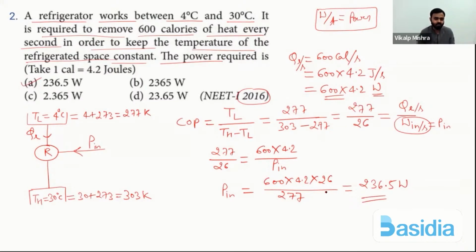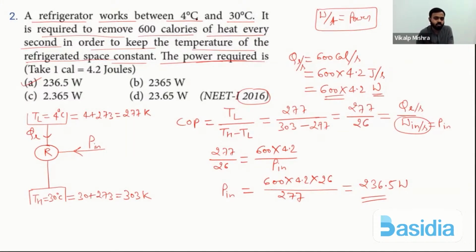Did you understand the method, the process, how we found it? All of you understood the process, how to find the COP, how to find this power required. We have two formulas of COP. One is TL by TH minus TL, and one formula is QE divided by WIN, heat extracted divided by how much work is given to the system or refrigerator.